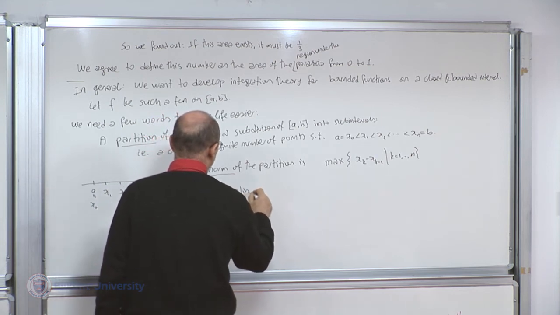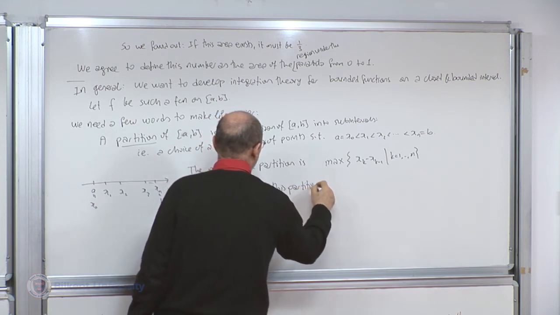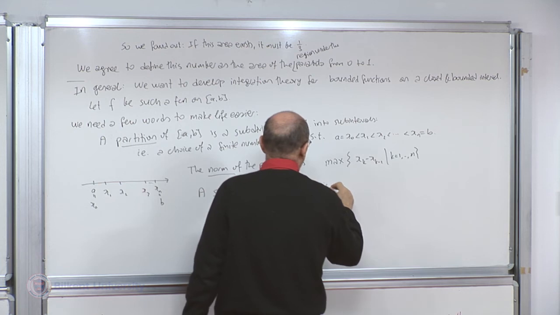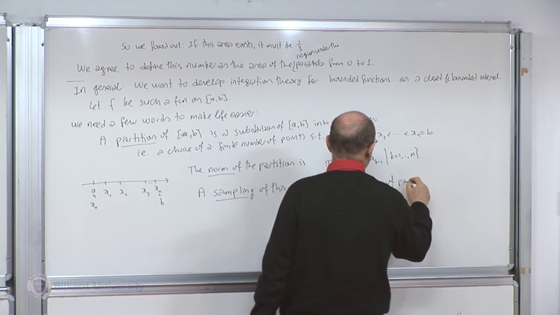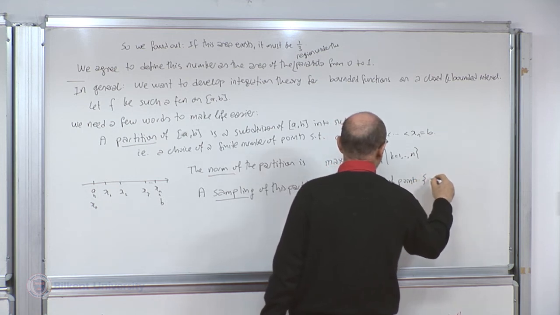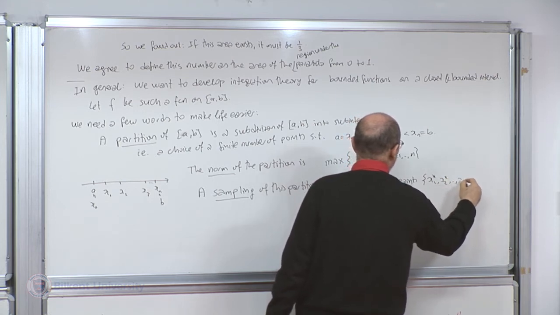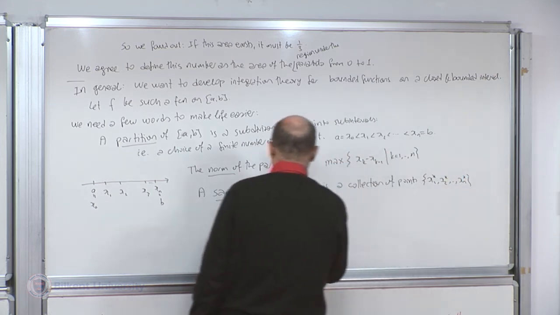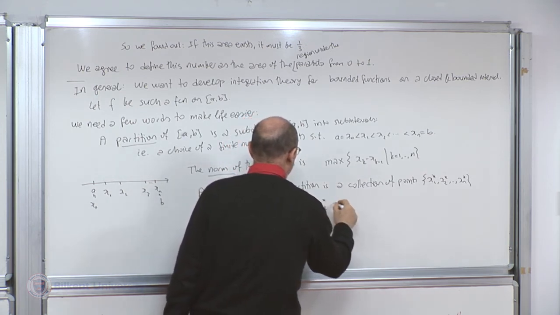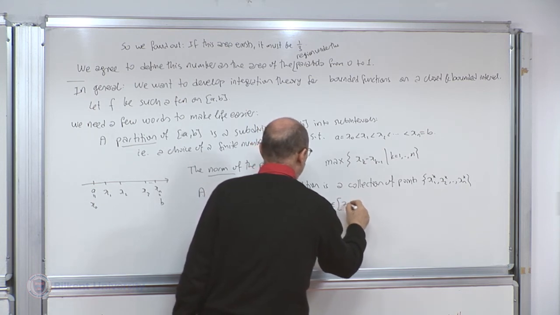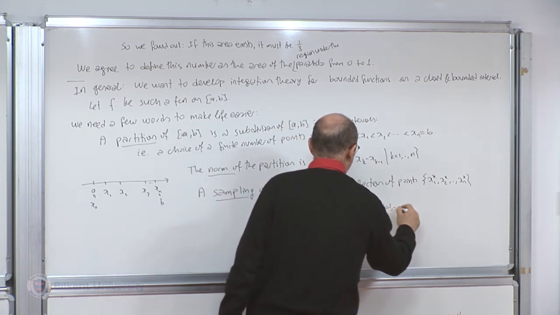A sampling of this partition is a collection of points x1 star, x2 star, xn star, such that xk star is inside the interval xk minus 1, xk, k from 1 to n.